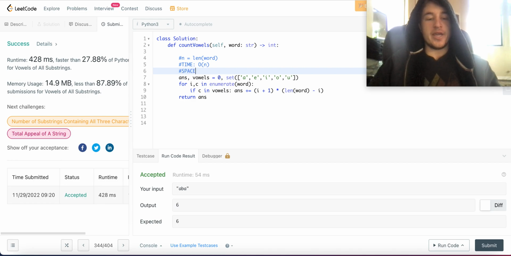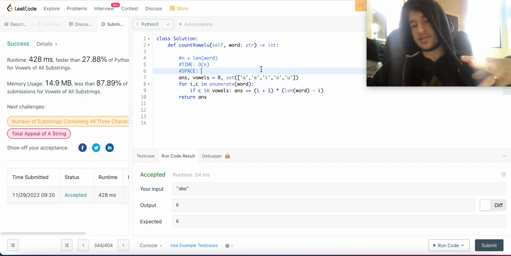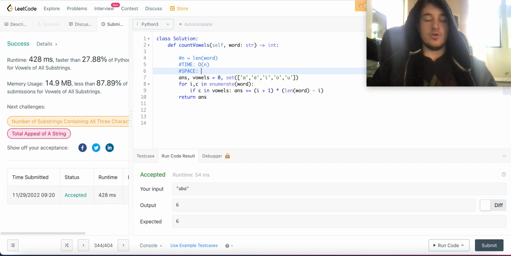And then what about space? Well, we have to create a 5-character set here, and then we have a couple constants. We don't create any stack space, so it's O of 5 plus a couple of constants, which is O of 1.